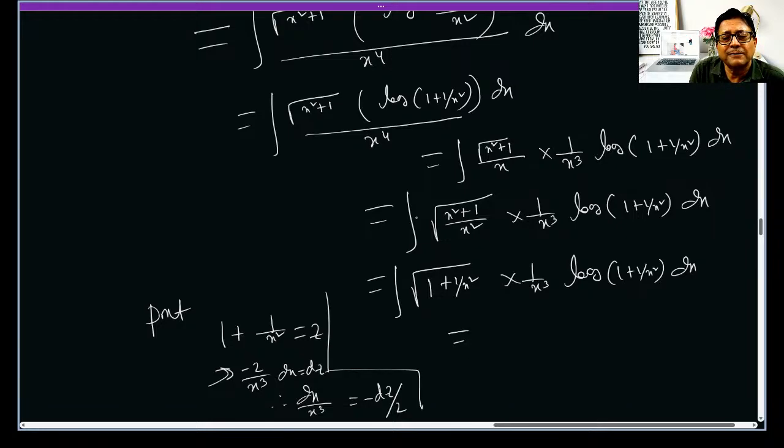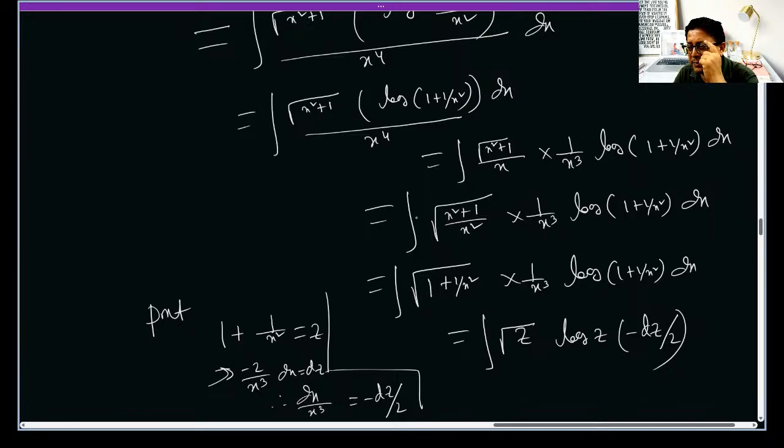So substitute there: root z log z minus dz by 2. Okay.